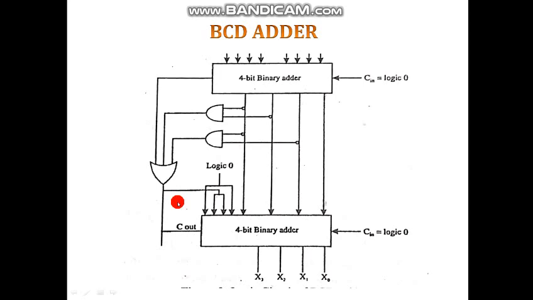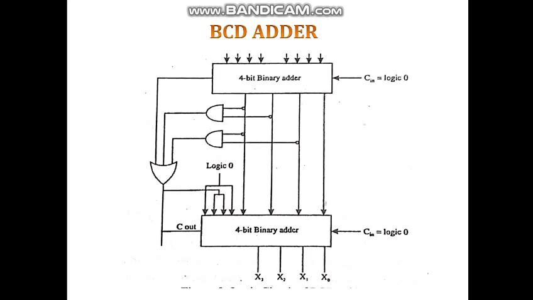Since any input cannot be more than 9, indirectly we have to generate output in terms of BCD. Now BCD means 0 to 9, so it makes sure that your output will not be more than 9.